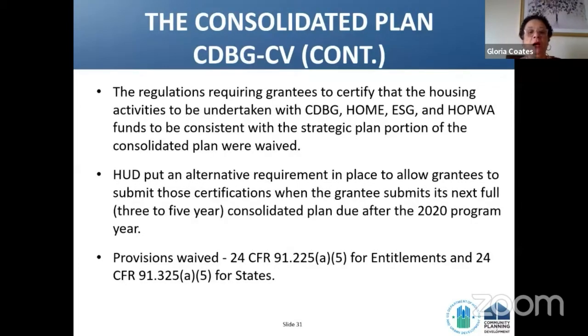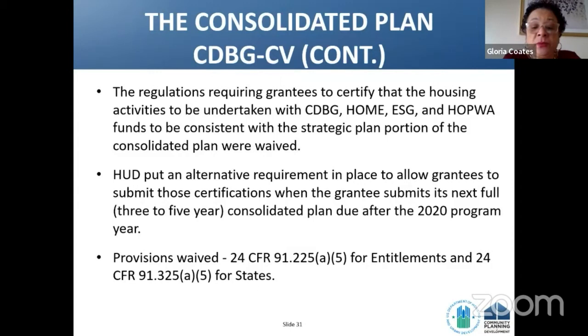Okay. This was something else that was waived. When grantees submit their plans, they have to certify that the housing activities that they carry out with these formula funds, we call them CPD formula grant funds, have to be consistent with the strategic plan portion of the comp plan.